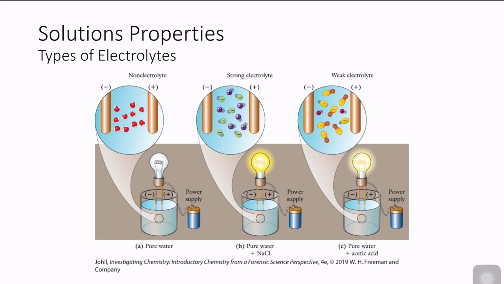And that causes the ability to conduct electricity. In a weak electrolyte, the light does not get lit up nearly as much. You're still going to have some movement going to the different electrodes, but not as much because there's not as many ions present. The concentration of the ions is so much smaller.